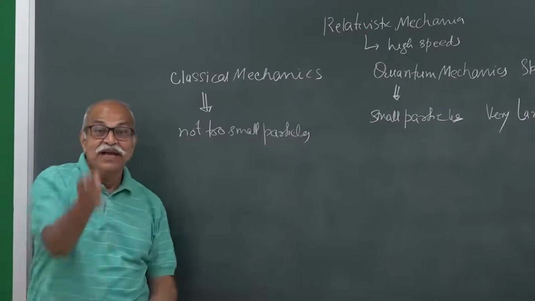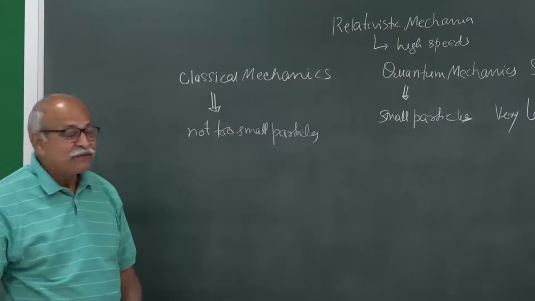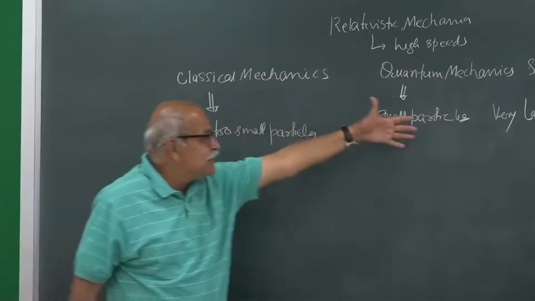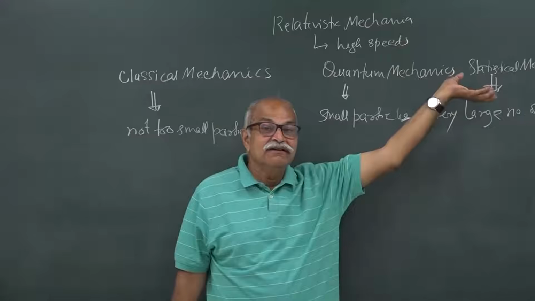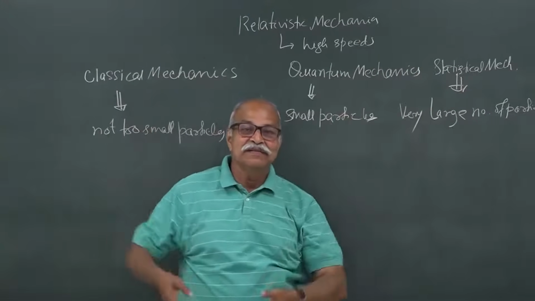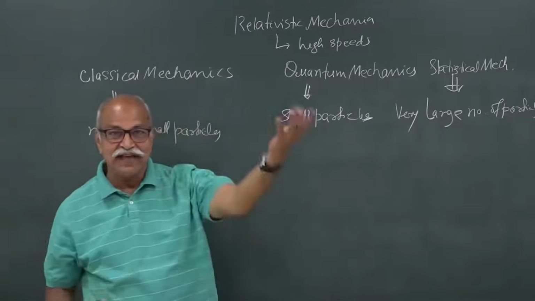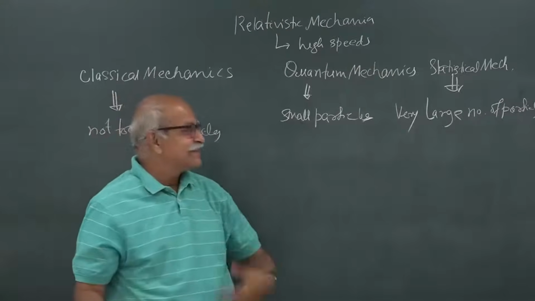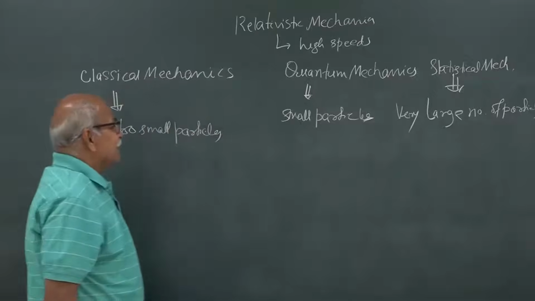A rigid body will have a large number of particles. But here you have gas molecules in a gas jar, a large number of molecules, each going in a different fashion. That is done under statistical mechanics.